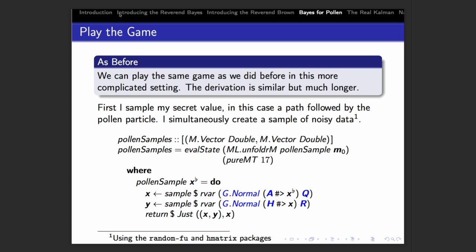I'm then only allowing you to see the position part of the state, and I'm adding in some more noise, again using the normal distribution. And I'm returning this as a pair, and that's the new state, so I can run it through, just use it as a way of stepping through to get my samples. So I don't want to go through how the unfold works, but that was just how I decided to create a path using the previous state.